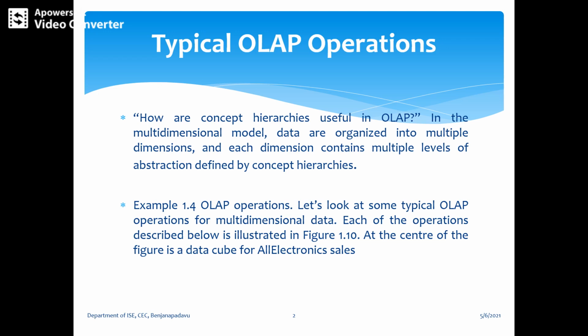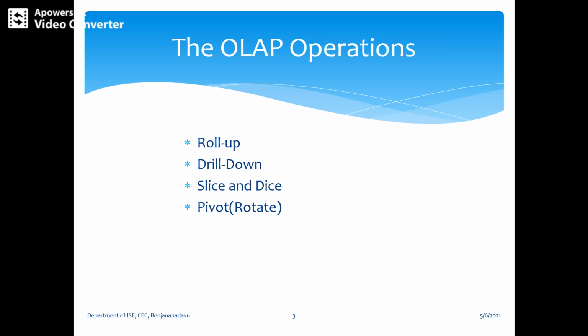The data cube has three dimensions: location, time, and item. The location is aggregated with respect to city values, the time dimension is aggregated with respect to quarters Q1, Q2, Q3, Q4, and the item dimension is aggregated with respect to item type, such as computer, home entertainment, security, phone, etc.